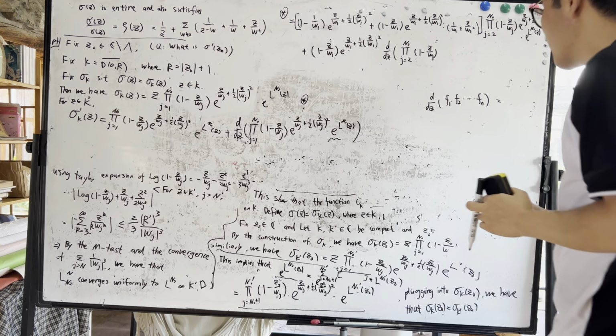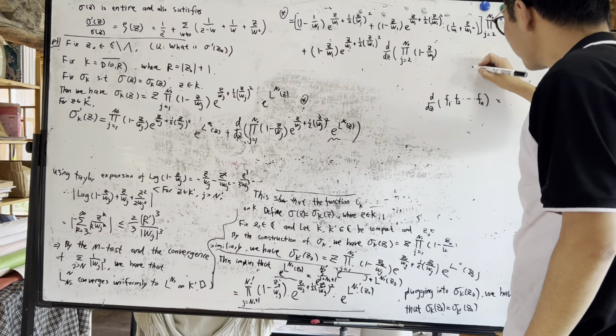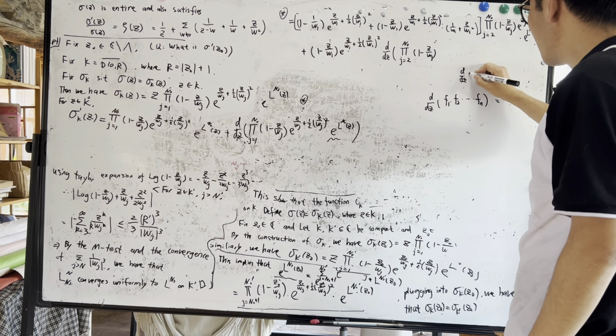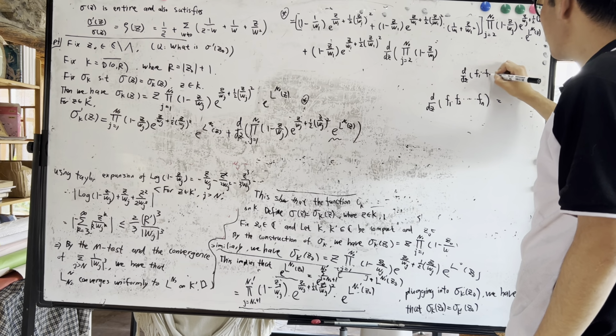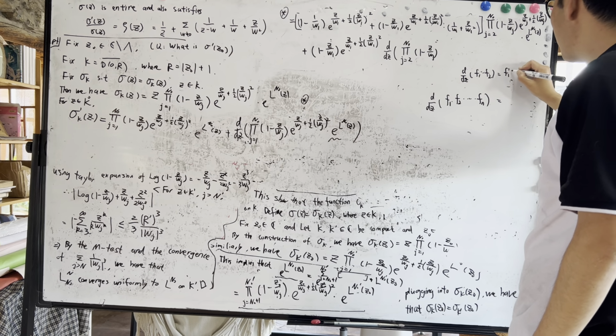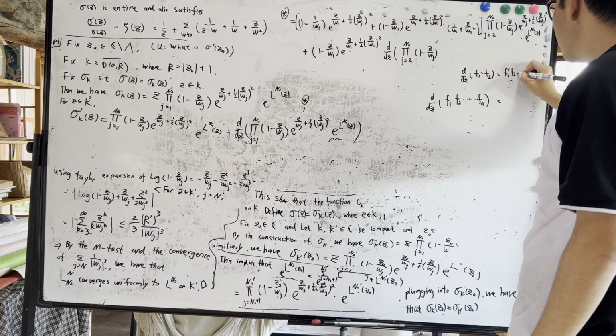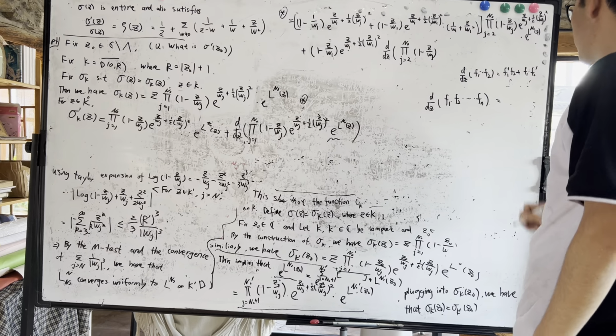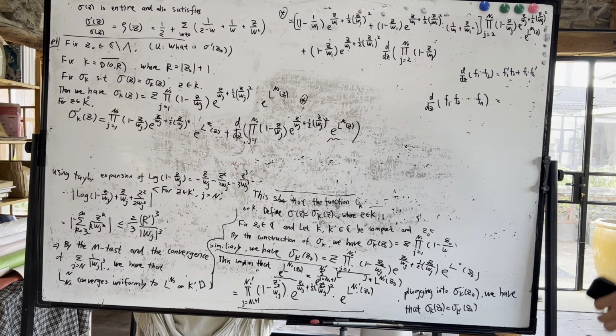So what is the formula that I want to say? We know that d/dz of f1 times f2 is equal to f1 prime times f2 plus f1 times f2 prime, right?